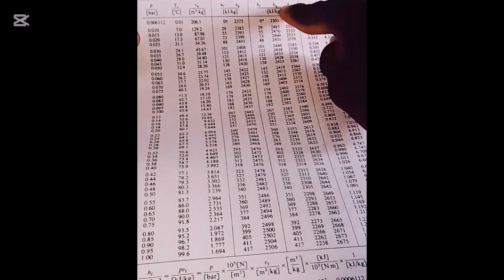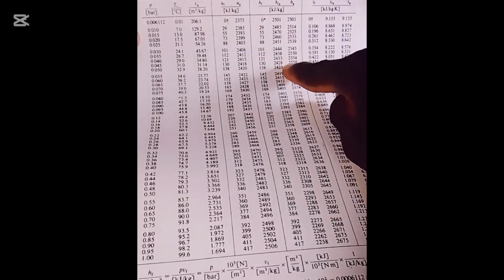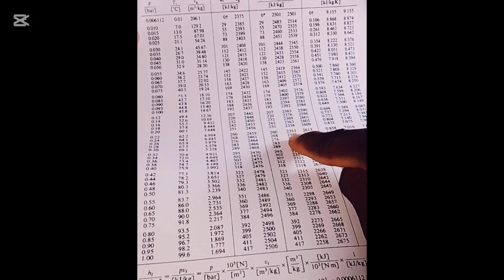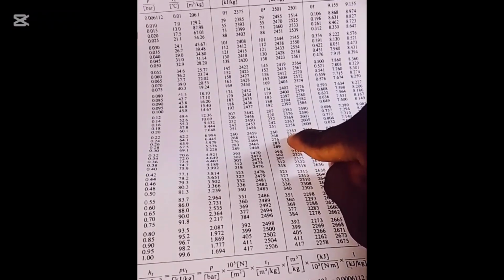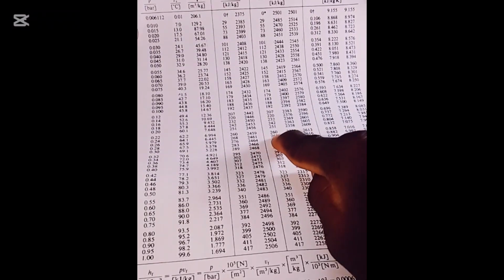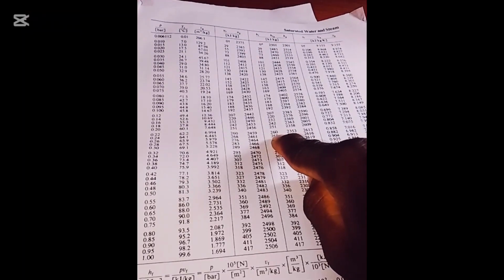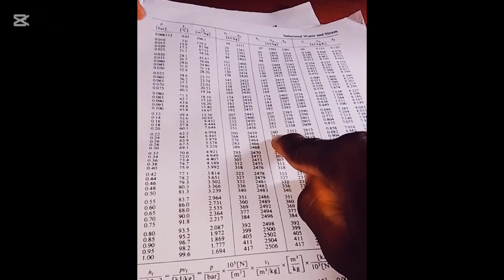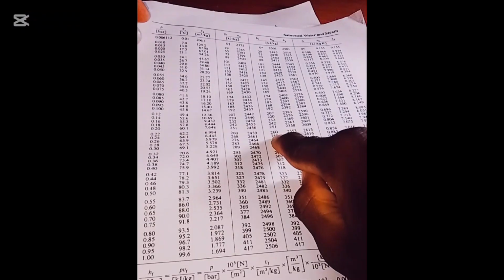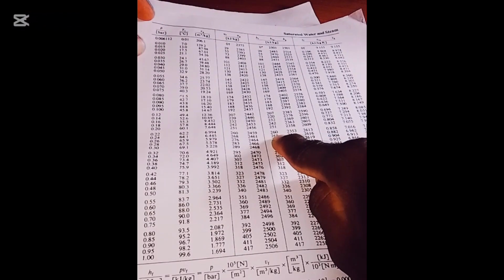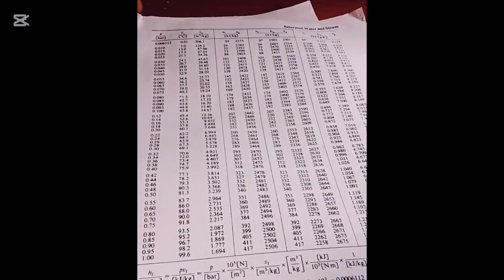And therefore the hfg will be 2348. So this is the hfg, which is 2348, and the hf, which is 268. So this is how you can find it from the steam table, and you have to take note that your steam table might not be the same as my own, so care must be taken, but just follow the procedure.